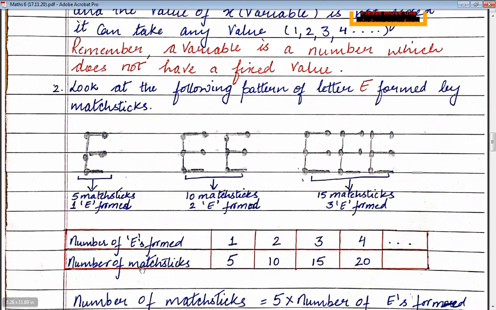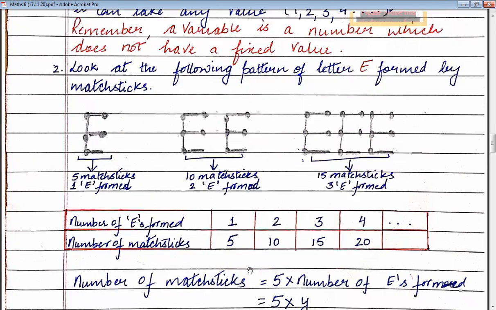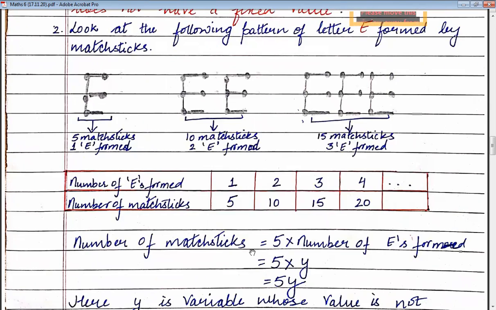Here, the number of matchsticks is equal to 5 times the number of Es formed. Easily you can see. 1 into 5, 5. 2 into 5, 10. 3 fives are 15. 4 fives are 20.